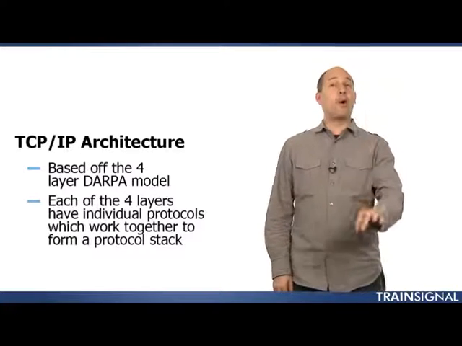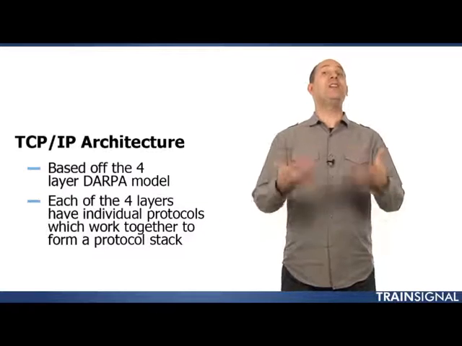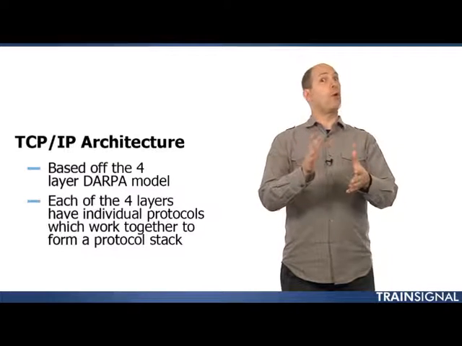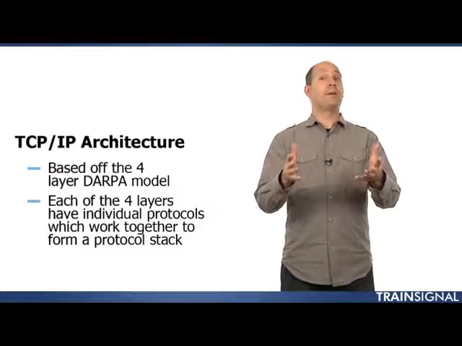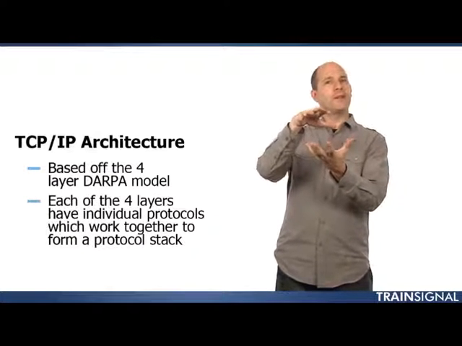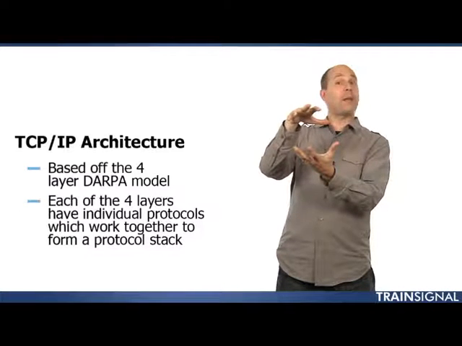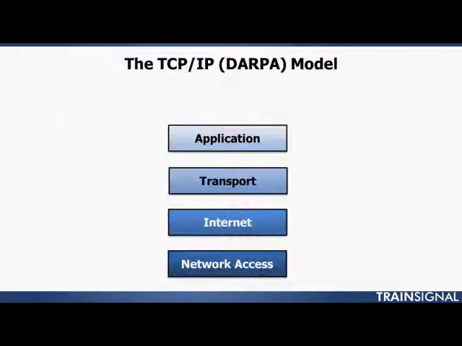Each of the 4 layers in this DARPA model have individual protocols. We're going to go over many of them, which will work together to form this suite or stack that we call TCP/IP.